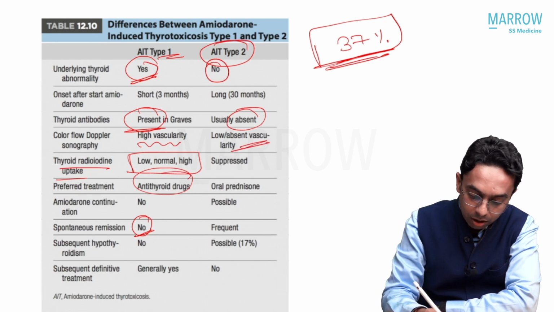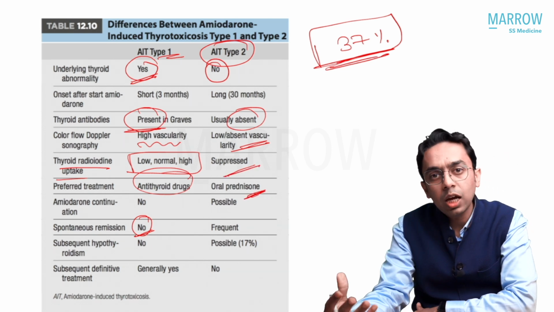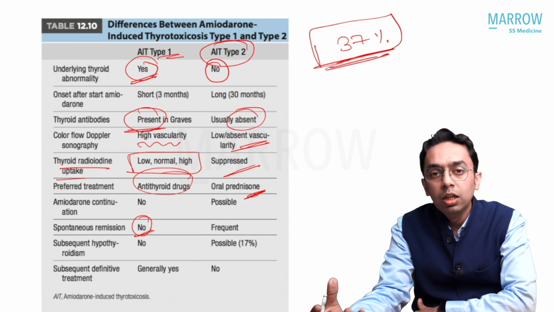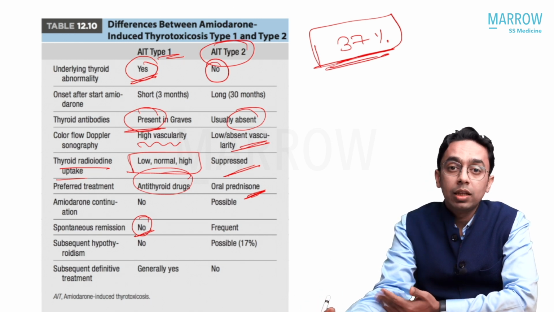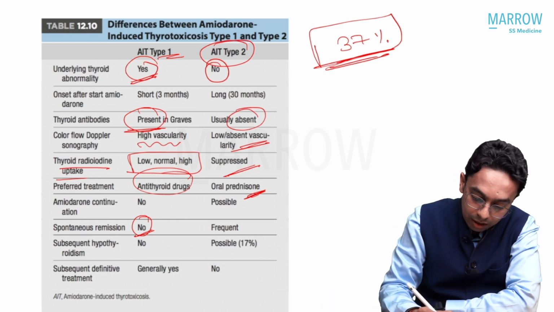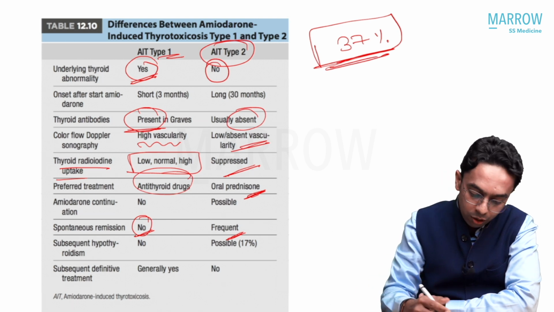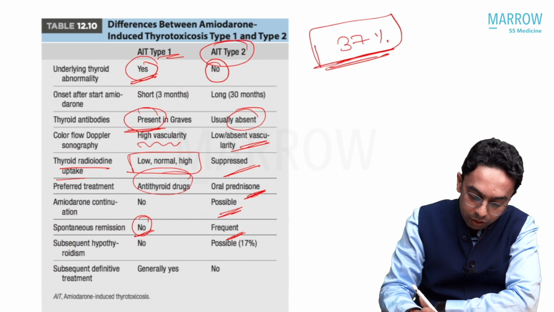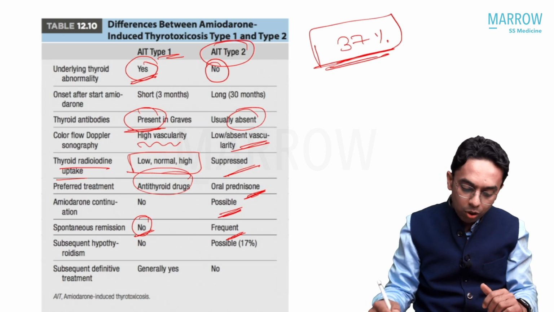So they will have decreased vascularity, obviously uptake would be less, and because it is a thyroiditis type of picture, you have to give prednisolone. Don't give the anti-thyroid drugs, carbimazole, methimazole, these are not to be given here, okay? And they usually resolve spontaneously, they go into remission, and you may even continue amiodarone after that. So this is important here.